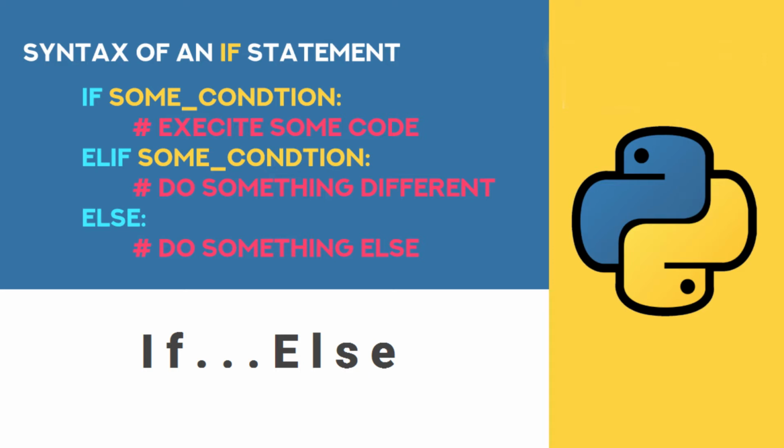But if the condition of if is false, we write another else if, and after that we write a condition and then a colon and then write the body of that. If the condition of if is false, then the control will come over to else if, and it will execute the body of this else if. If that is also false, it will come to another one, and you can go up to infinite times with this else if. And in the end, it will come over to the else. If everything is false, then it will come over to the else, and it will execute the body of else.